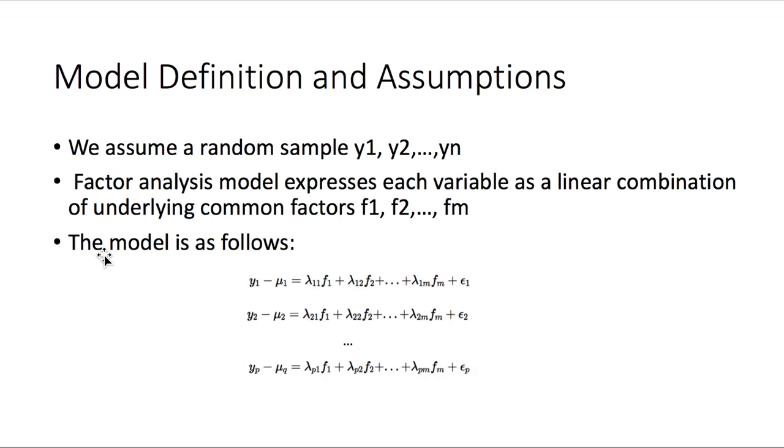The model is as follows: y1 minus mu1 equals lambda 1,1 times f1 plus lambda 1,2 times f2, until lambda 1,m times fm, plus epsilon, the error term. Everything is the same for y2, y3, until yp and yn.